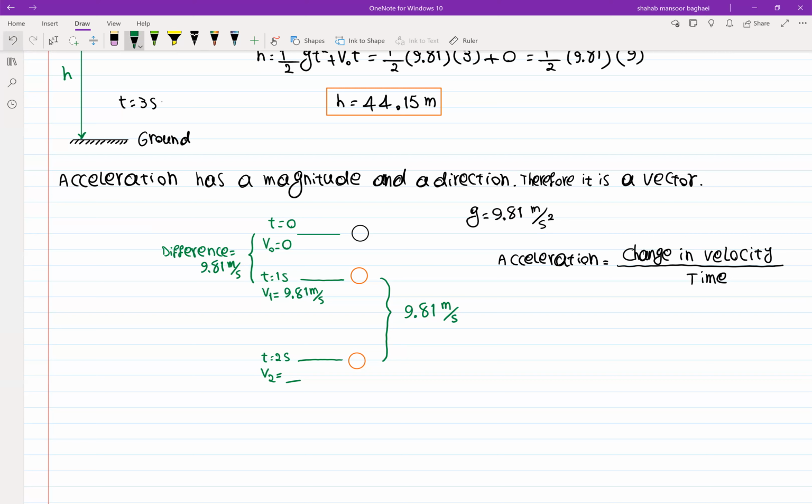Of course, it is 19.62. Because difference between V2 and V1 is 9.81. If first velocity V1 is 9.81, definitely V2 should be 19.62.